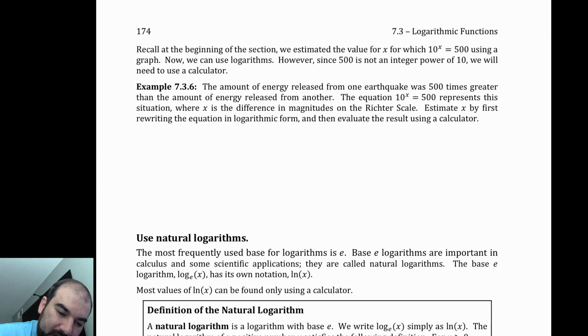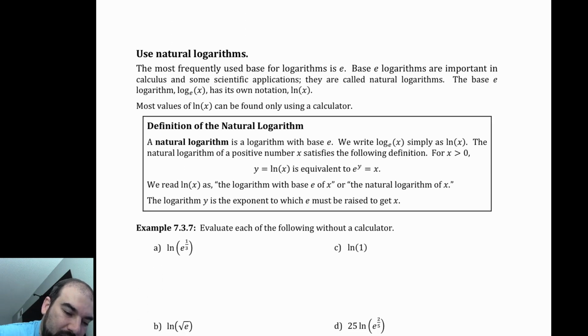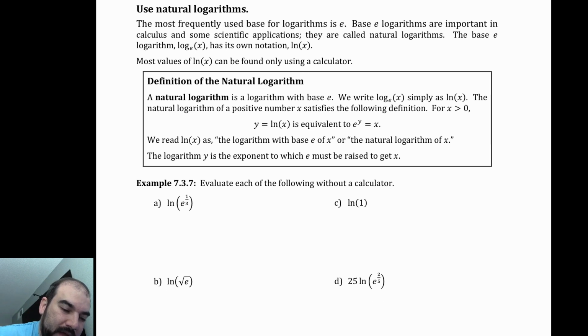The other log that's used a lot is a log base e. So instead of writing log base e over and over again, we're going to simplify that to be the natural log written as ln. I'm pretty sure it comes from a different language. It's probably some log natural translation.